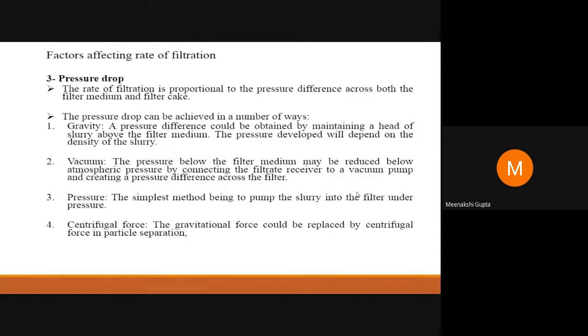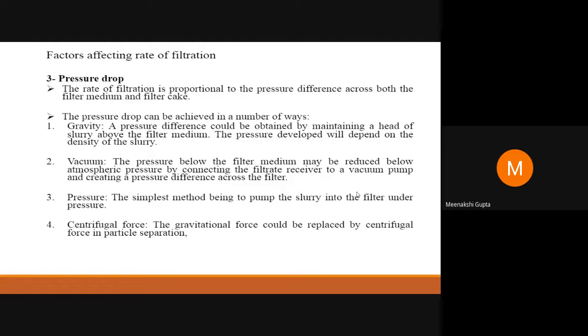Now, the third way of providing pressure drop is simply to pump the slurry into the filter under pressure. That is, we just apply pressure over the slurry. Okay, and the last one is centrifugation. The gravitational force can be replaced by centrifugation force.